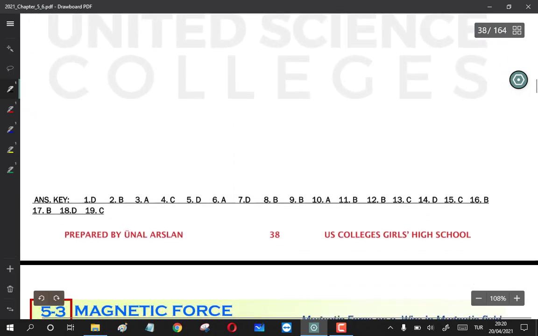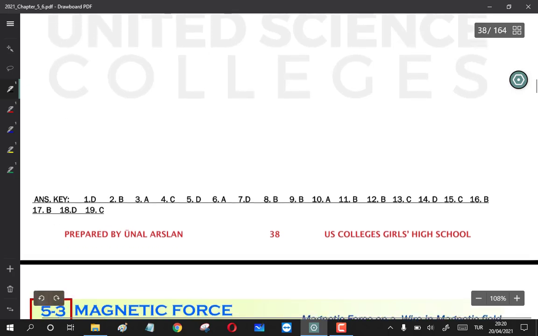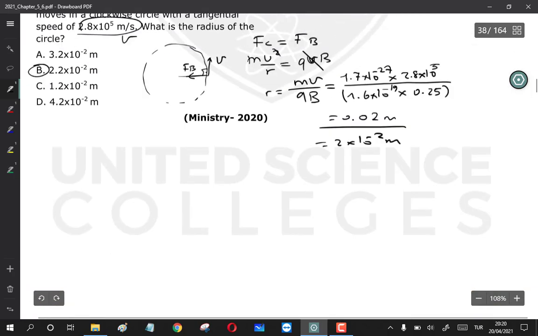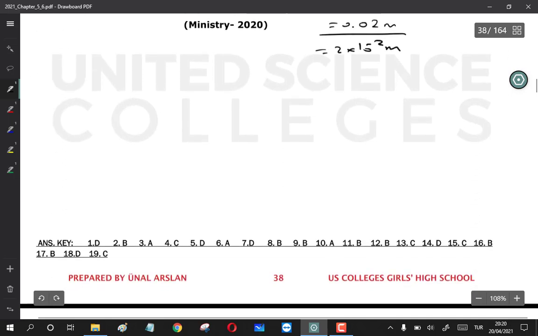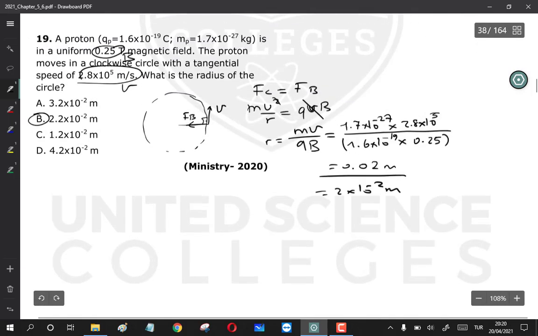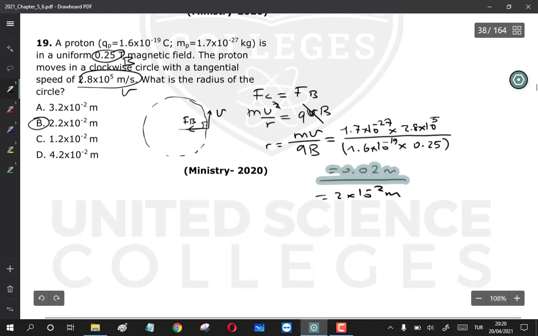Okay, this is all about the first title, magnetic force acting on a charged particle. But in this calculation, question number 19 says C, but we found 2 times 10 to the power of negative 2. Let's calculate again. There's a mistake. Sorry, I calculated not 0.02.